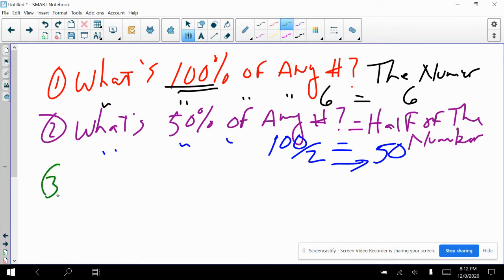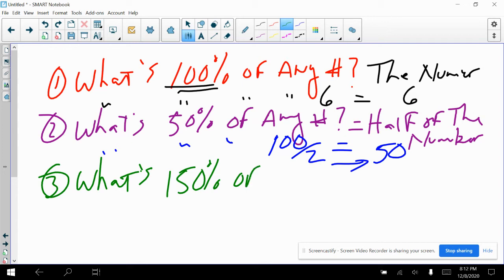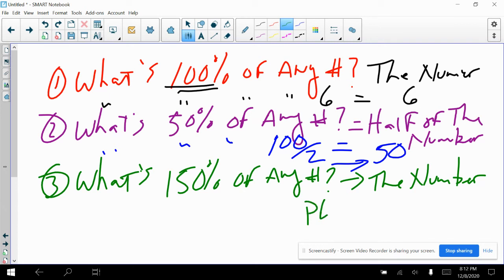Okay, and the last one, number 3, if we would say, what's 150% of any number? Okay, we would say it's the number plus half of it. So let's see our example here.